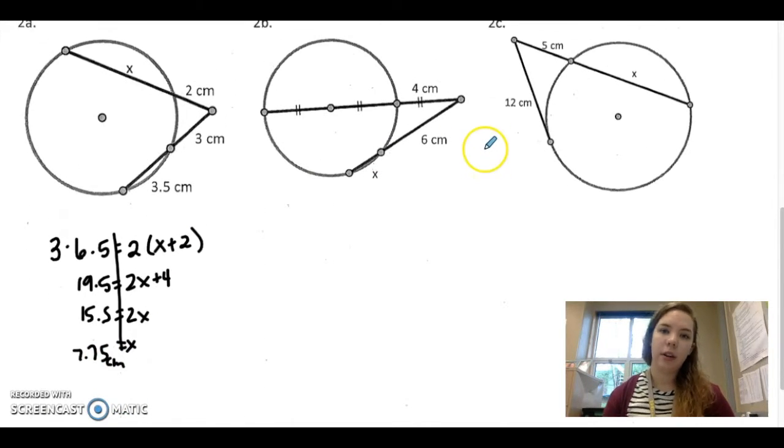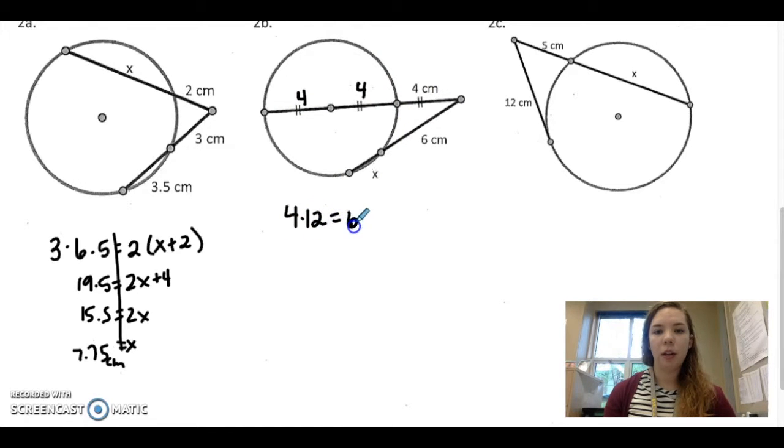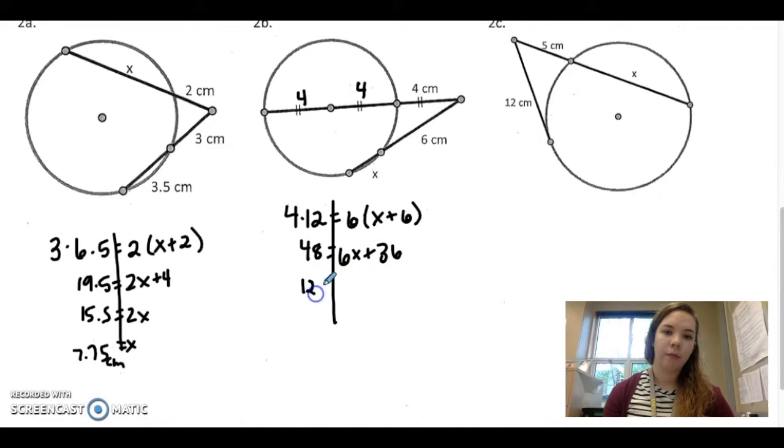Right. Here they're telling us that all of these segments are 4. So the piece on the outside times the whole length, piece on the outside times the whole length. So we have 48 equals 6x plus 36, which is going to make x 2 centimeters.